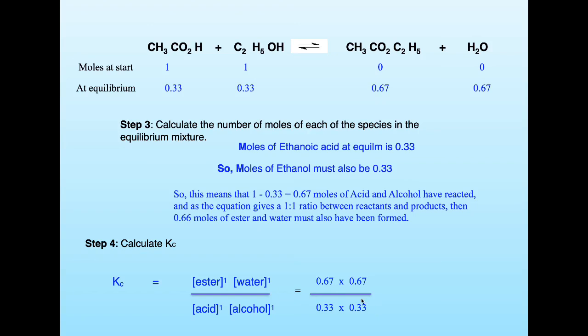Okay? Or you could say, well, we made it up to 1 decimeter cubed, didn't we? So if we made it up to 1 decimeter cubed in the procedure, then 0.67 moles divided by 1 is just 0.67. It's another way of looking at it. We do that calculation, we get an answer to two significant figures of 4.1. So that's our Kc.